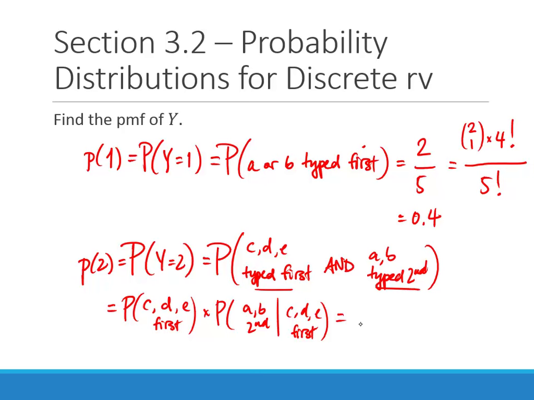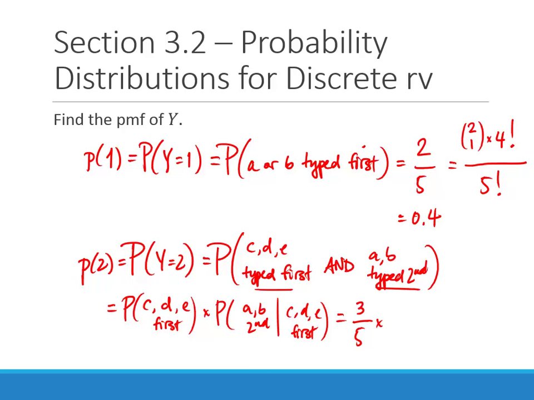Okay, so what's the probability that C, D, or E come first? 3/5. And what's the probability that I have an A or a B in the second place, given that my first one was C, D, or E? 2/4, right?